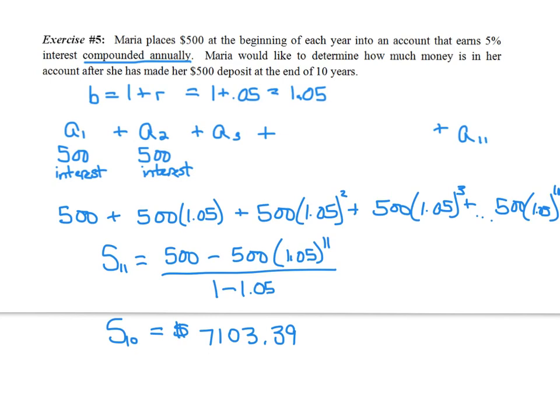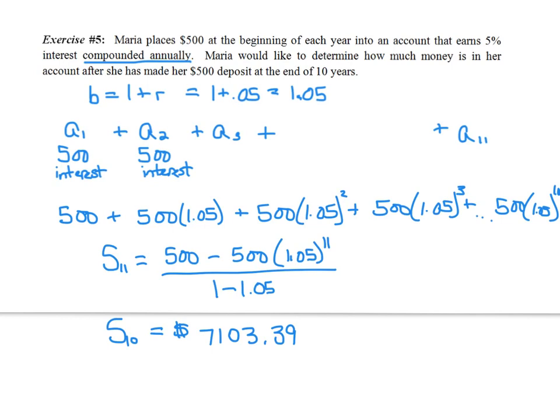Now, tomorrow we're going to take a better look at this application. So if this one is not quite clear to you, that's okay. I wanted you to see the beginning of the problem tonight, and I wanted you to think about the fact that each amount of money that she entered is going to get interest added on every single year. The only one that's actually not going to have interest added on is this last 11th term.